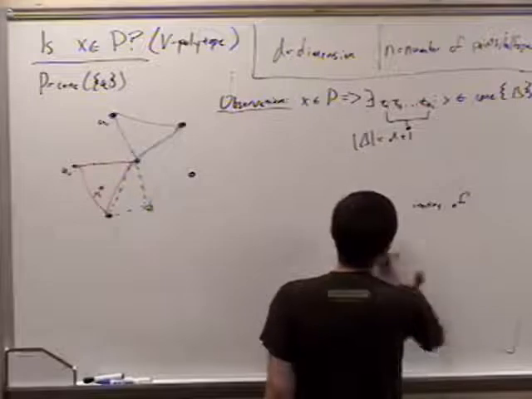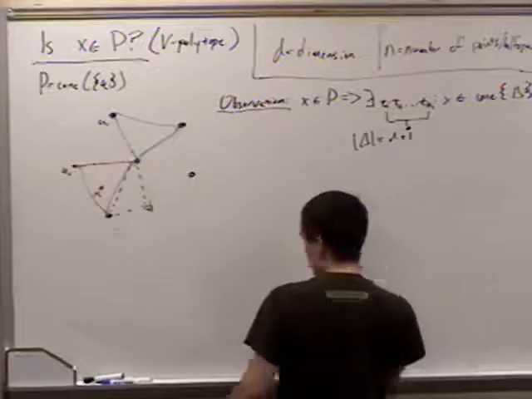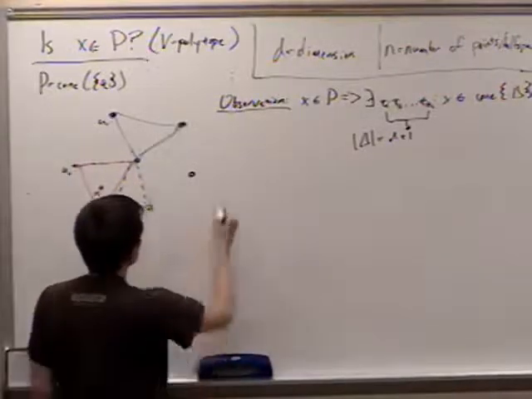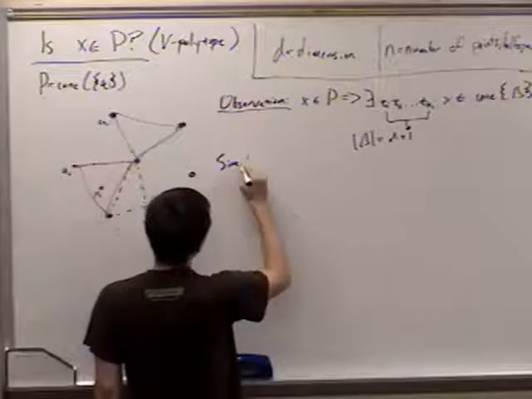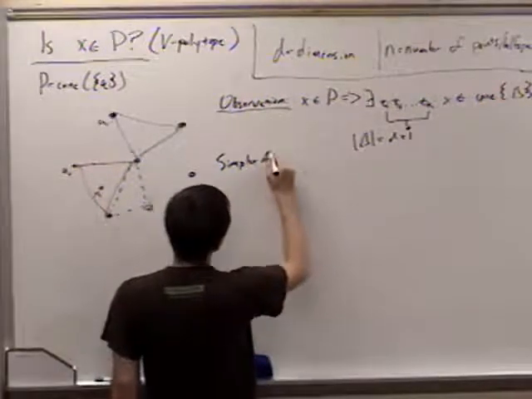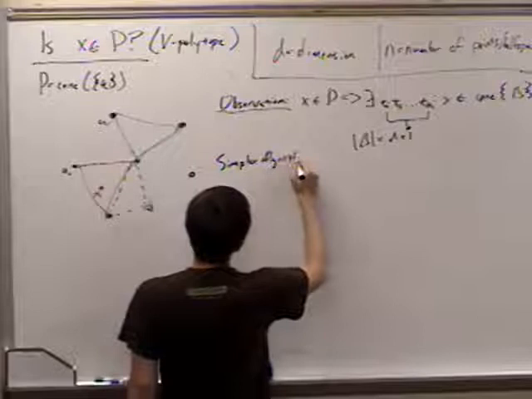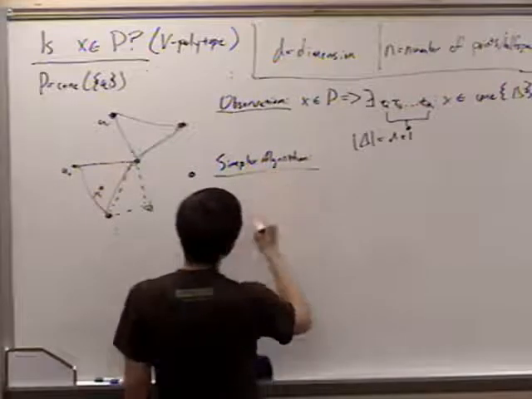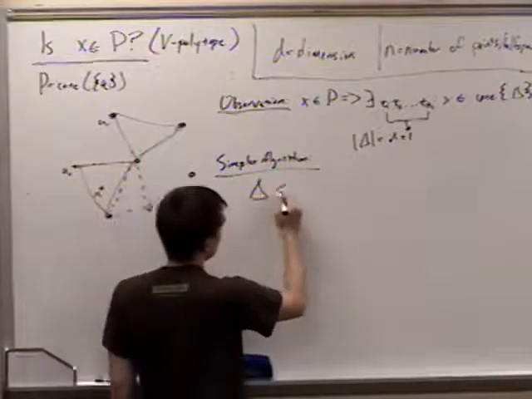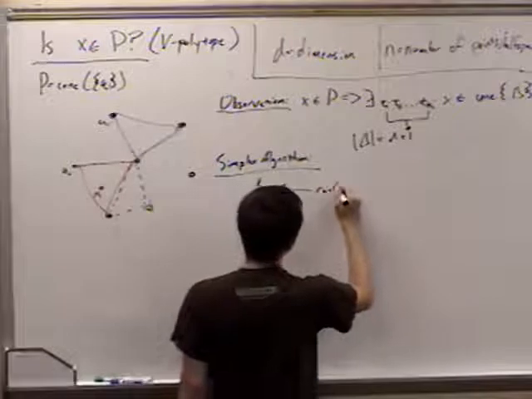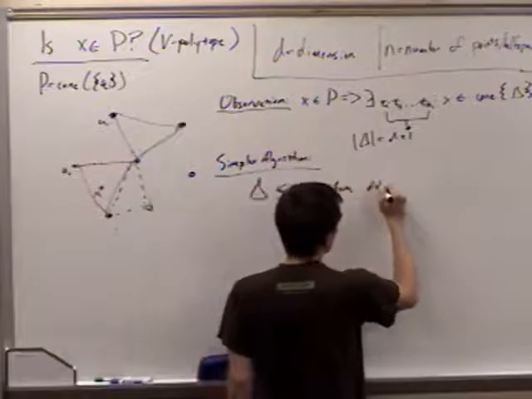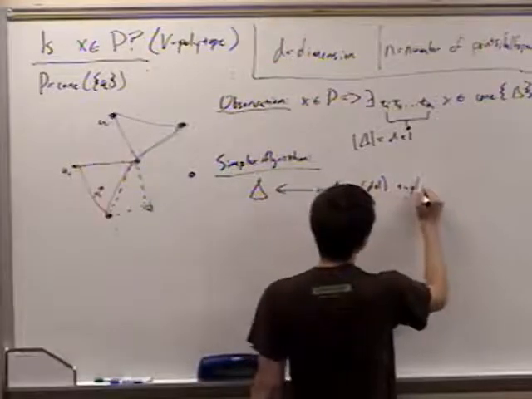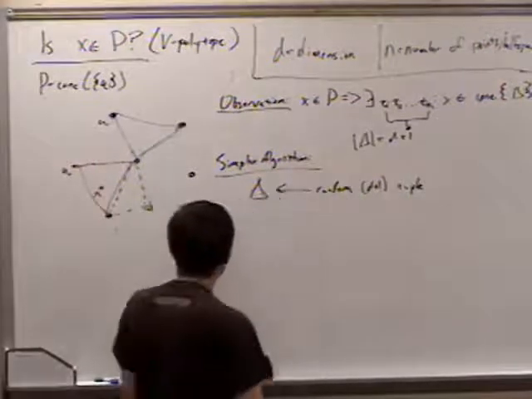We'll call this the simplex algorithm because we're looking at simplices. So initially, set delta equal to a random d plus 1 tuple. Doesn't even matter.